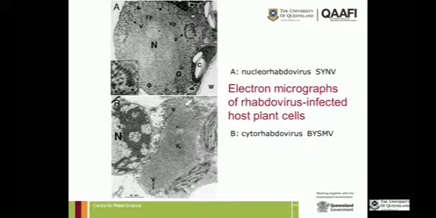I mentioned that there are 2 genera. The nucleorhabdoviruses arrange a virus factory production in the nucleus of infected cells, whereas the cytorhabdoviruses, their viroplasm is in the cytoplasm of infected cells.